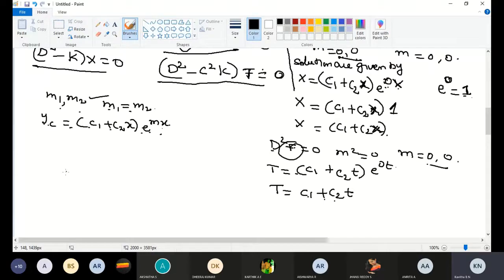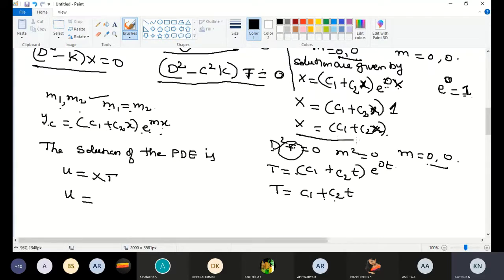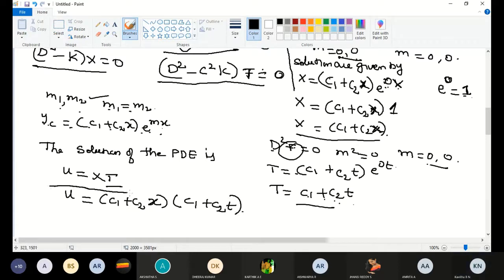Then write the solution of the PDE. The solution of the PDE is u is equal to capital X times capital T. Your X is c1 plus c2 x, into T, which is c1 plus c2 t.